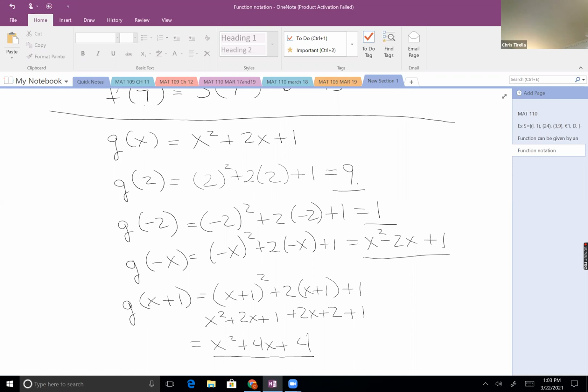And g of x plus 1, well, that would be x plus 1 quantity squared plus 2 times x plus 1 plus 1, which simplifies to x squared plus 4x plus 4. Everybody okay or no? Any questions?